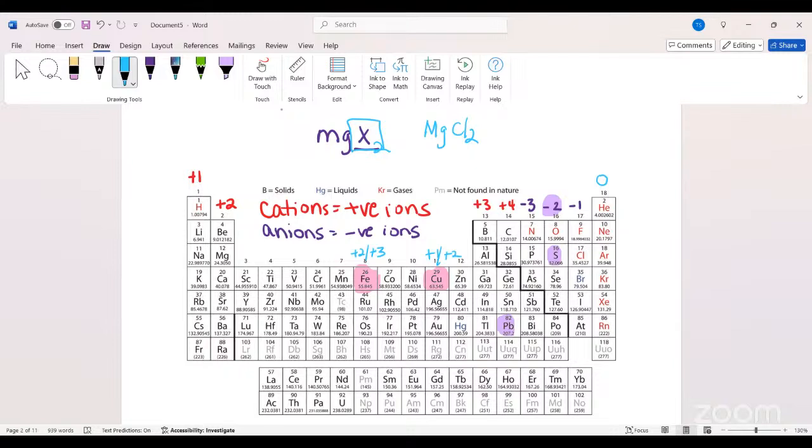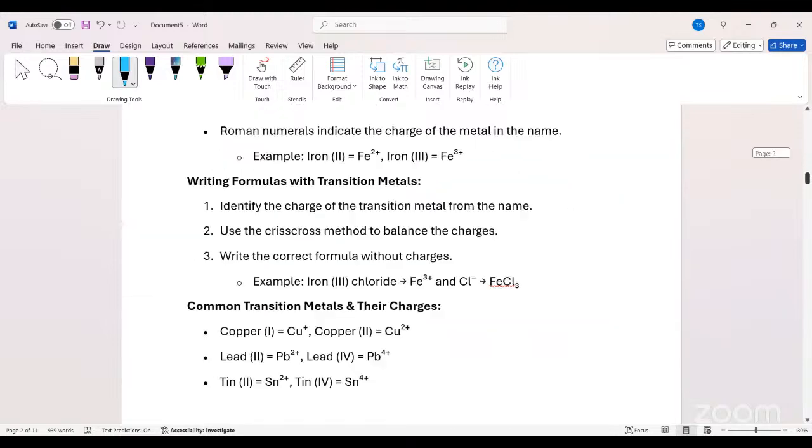Now again, I don't want y'all to overthink this, because you know what we're getting ready to do next. I'm going to say polyatomics for tomorrow, but we're going to do covalent compounds now.